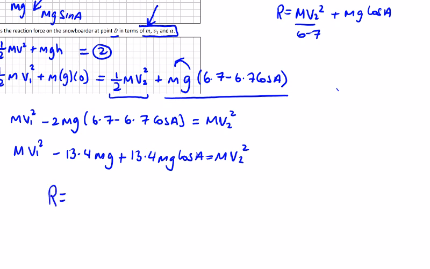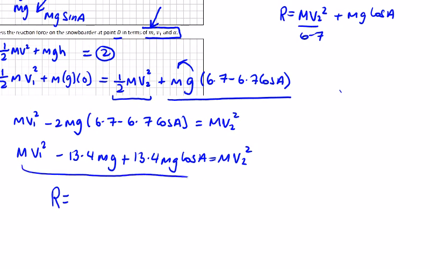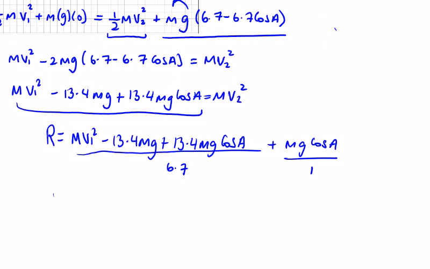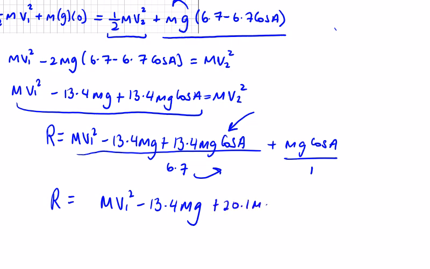So the reaction is going to be all of this guy, mv2 squared over 6.7, so mv1 squared minus 13.4 mg plus 13.4 mg cos A, all over 6.7, plus mg cos A. Actually, there's another mg cos A in the other fraction, so if that's over 1, I'm going to get the reaction to be mv1 squared minus 13.4 mg, plus 13.4 and then plus 6.7 of the same thing, so that's 20.1 mg cos A, all over 6.7.